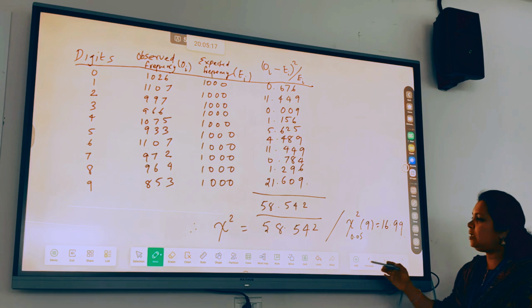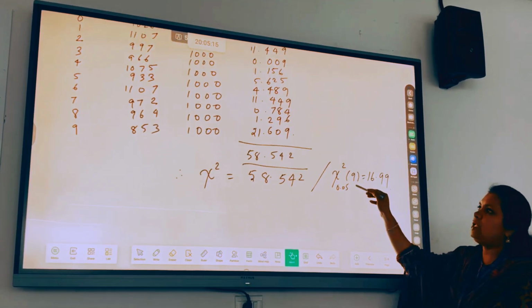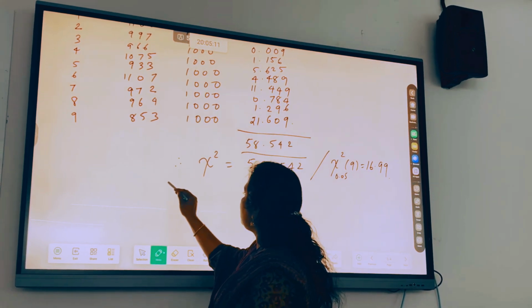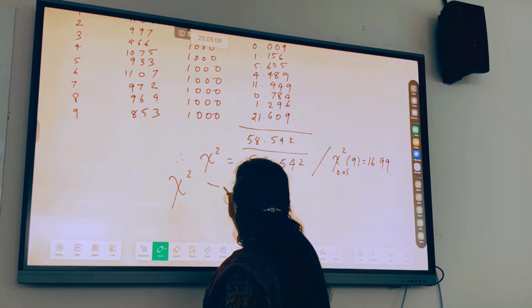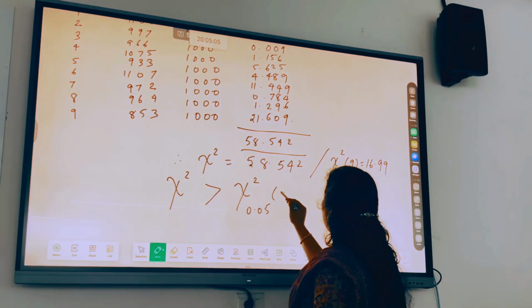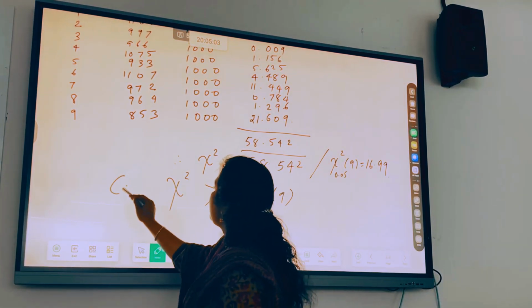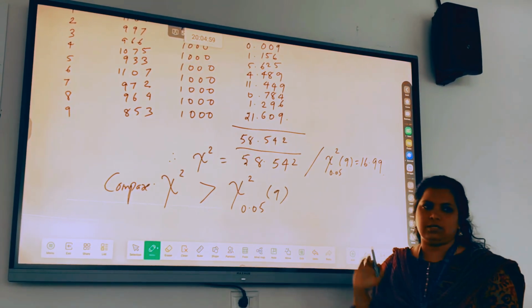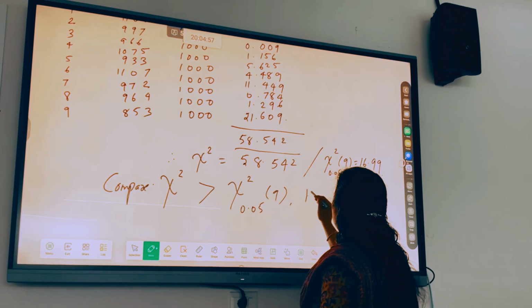Now you can easily look at which one is greater. The calculated chi-square is greater than the table chi-square 0.05 when you compare. So we come to the conclusion that it is greater, so H0 is rejected.